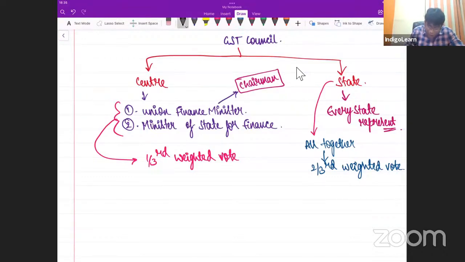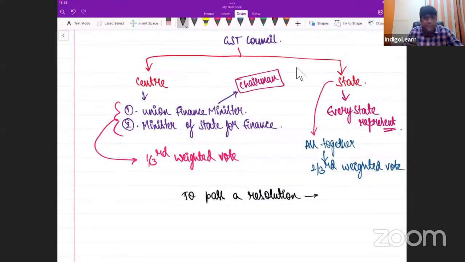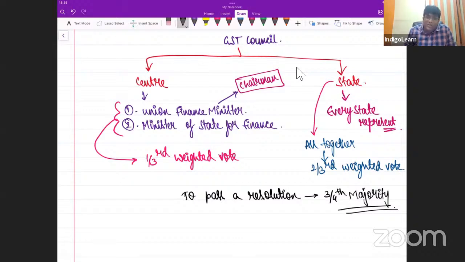But one great point to be noted is that to pass a resolution, that means to take some decision, there should be a 3/4 majority. That means there should be 75%. If the center alone says yes, 33.33% is done.